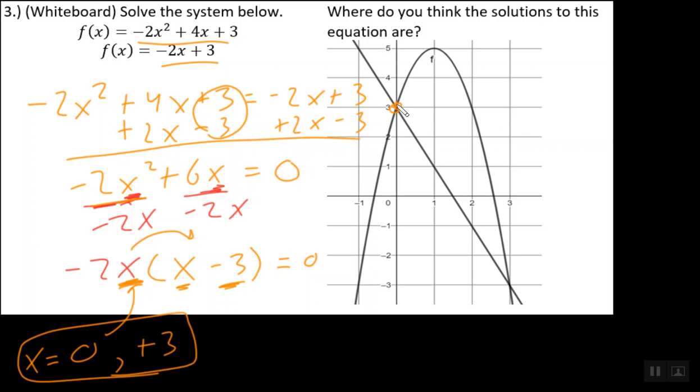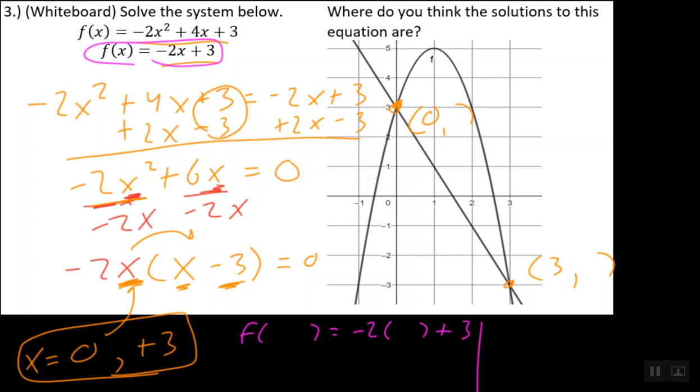Well, I look at this point right here, and I notice that its x value is 0. And I look at this point right here, and I notice that its x value is 3. Okay, so far so good. And let's go ahead and try out plugging these things in. Obviously, our linear function is f of x is equal to negative 2x plus 3.